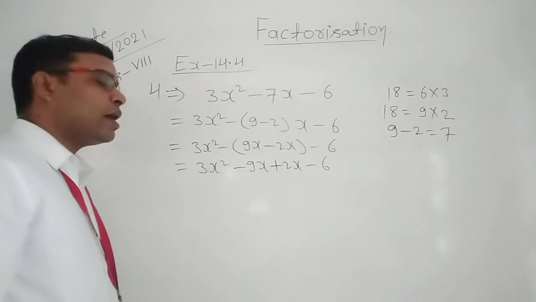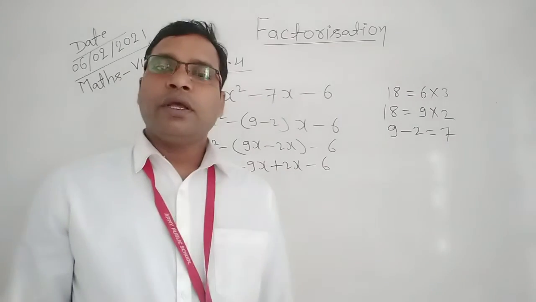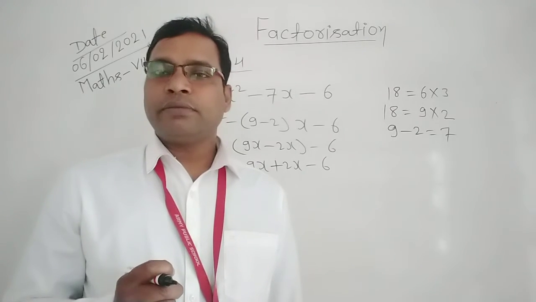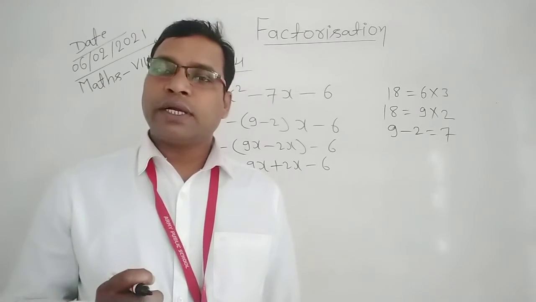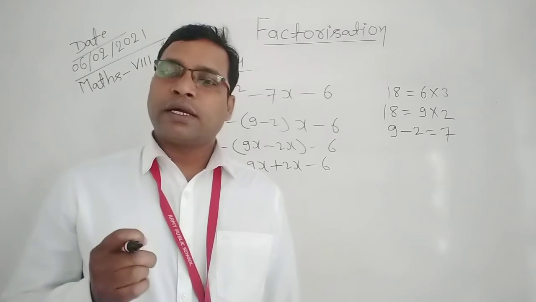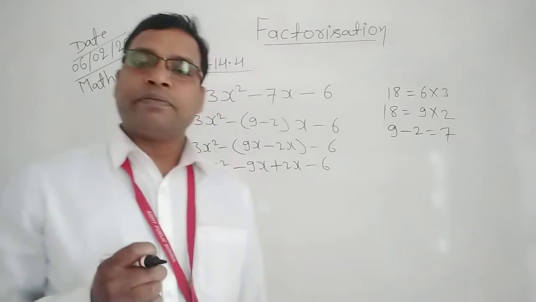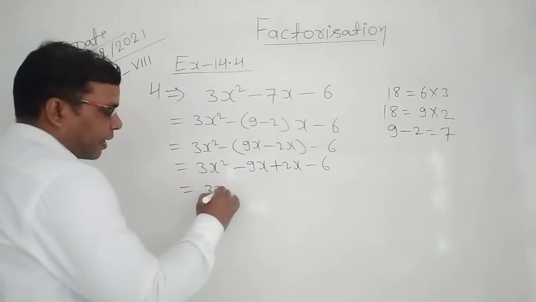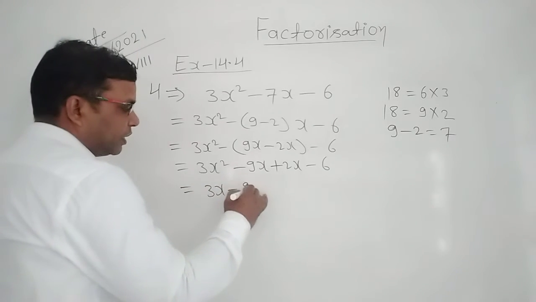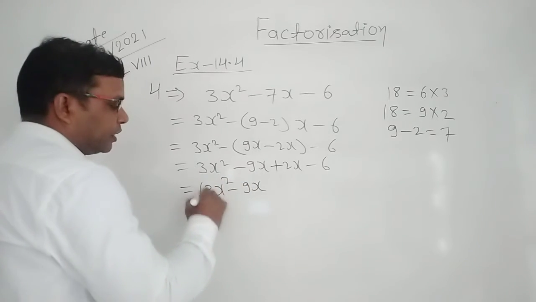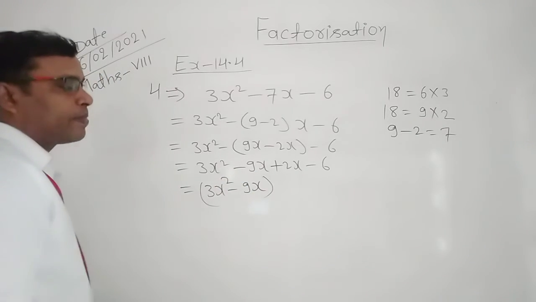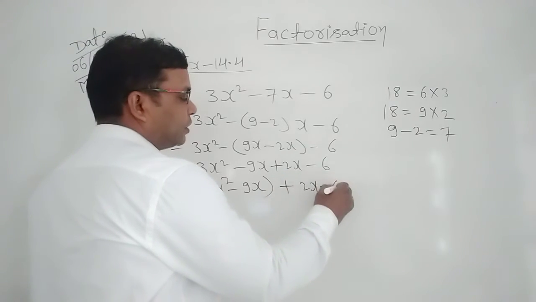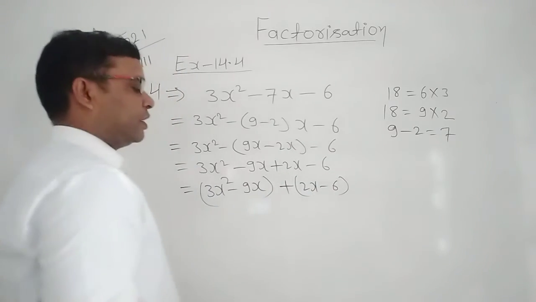This is clear. After this, we make groups of any two terms such that we get some common factor between them. So 3x square minus 9x we take as the first group, and plus 2x minus 6 as the second group.